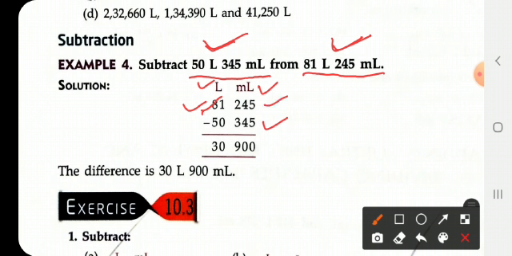So it is 81 liters 245 milliliters, and from this we subtract 50 liters and 345 milliliters and we get the answer as 30 liters and 900 milliliters.